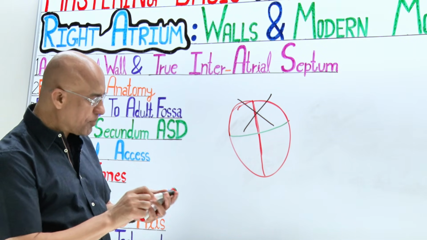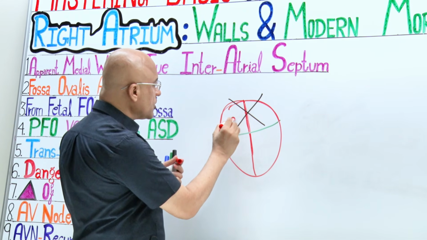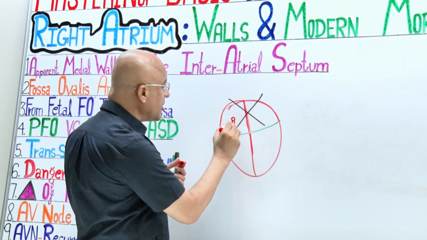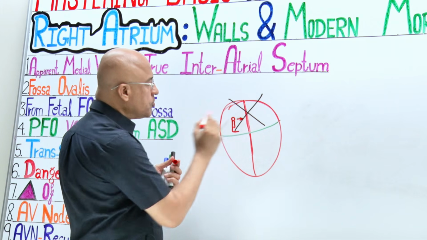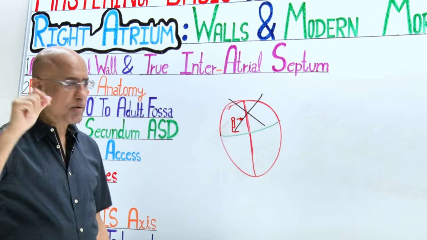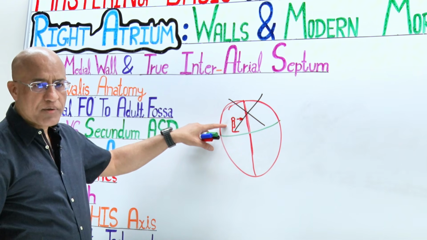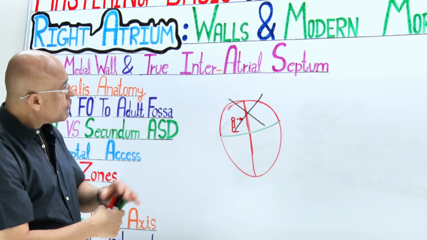Suppose you minimize yourself and somehow enter into the right atrium, and you are looking at the medial wall.